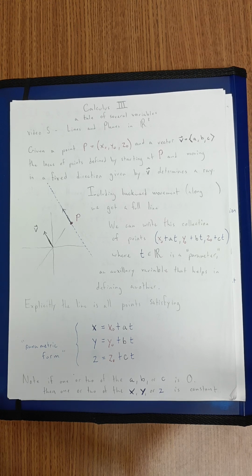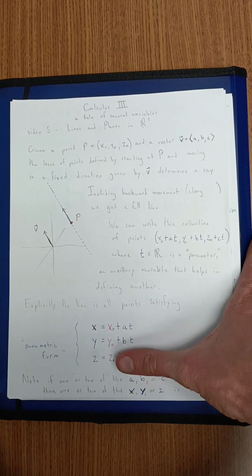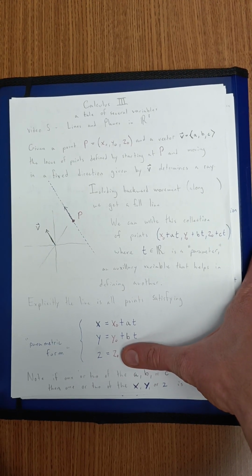Now, if one of them is 0, for example, say the z coordinate, let's say c was equal to 0, well then instead of having an equation here, you would just have the constant z naught.